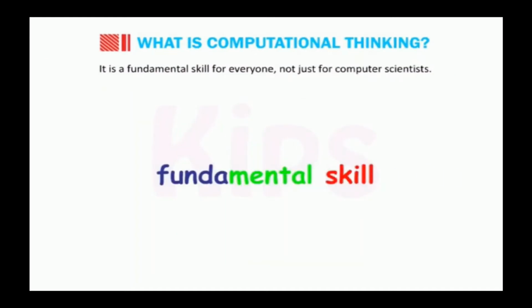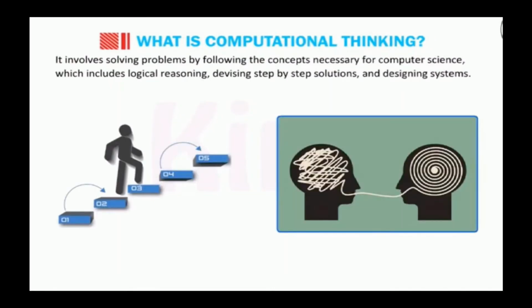It is a fundamental skill for everyone, not just for computer scientists. It involves solving problems by following the concepts necessary for computer science, which includes logical reasoning, devising step-by-step solutions, and designing systems.